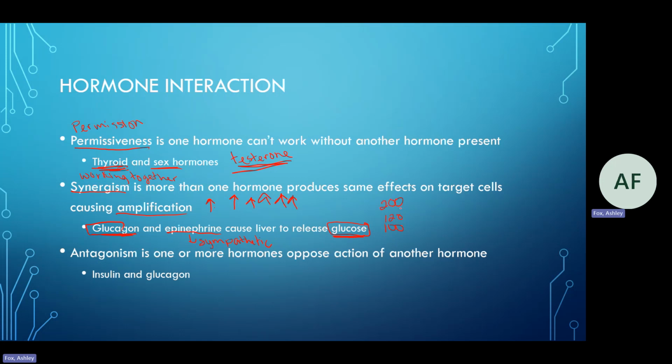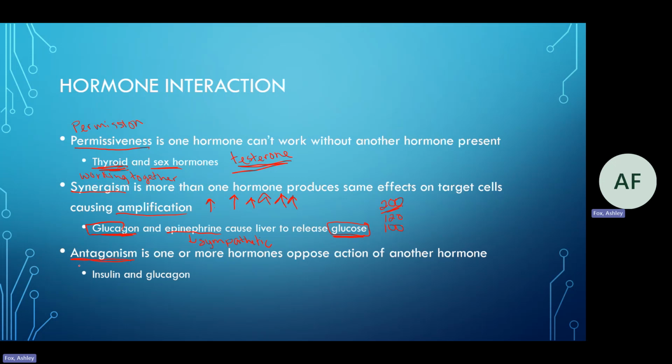So you're having an increased effect because they both do the same thing. Obviously, epinephrine does other things and glucagon does too, but in general, if you're releasing both, you're going to have an increased effect. So if you need a lot of energy all of a sudden, like you need to run from something, and your muscles are going to be working a lot and you need a lot of ATP and that comes from glucose, then this is why the hormones are going to be released together.